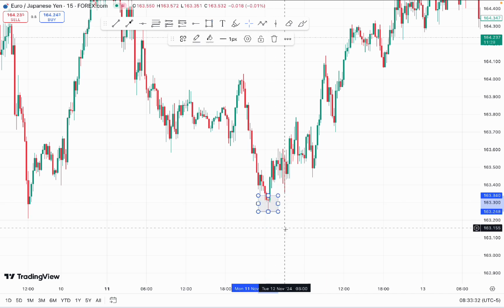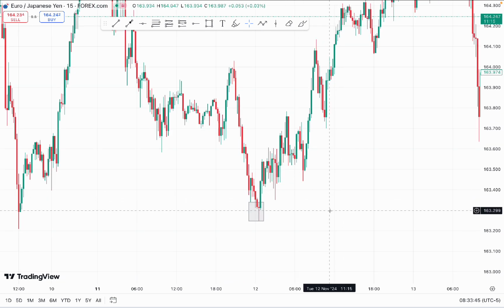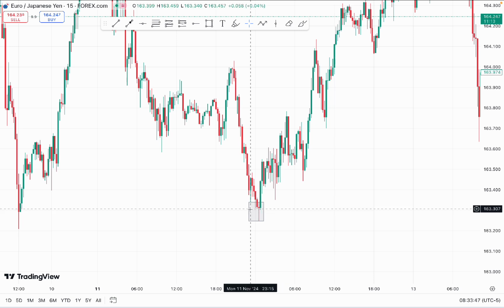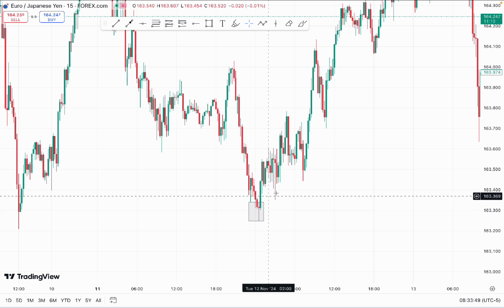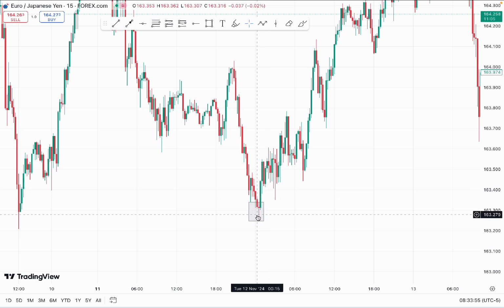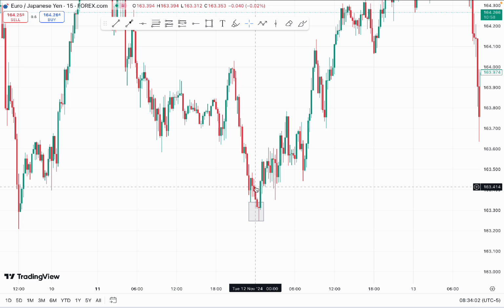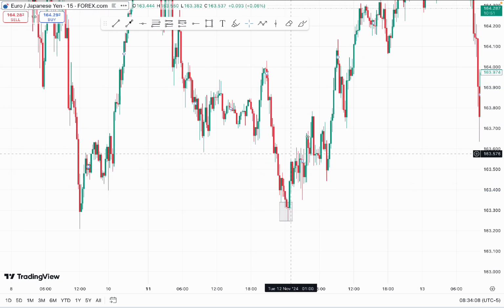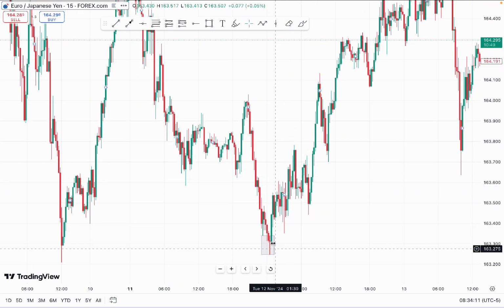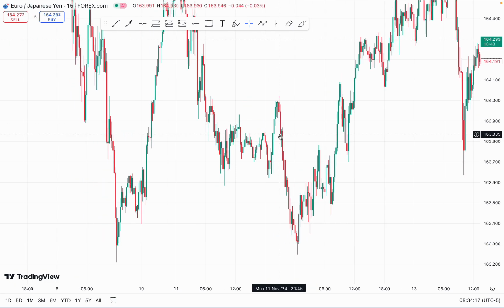So we see a tweezer bottom here, and if you remember, in the last pattern I talked about the engulfing candle. So just after this tweezer candle, we can see an engulfing candle here, right? So that indicates that buyers are into the market and sellers are running out of energy, basically. So this is a good place to buy. If you see something like this, it's a good indicator to buy.